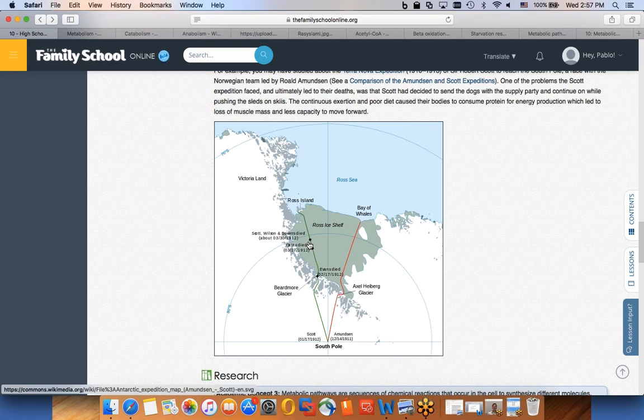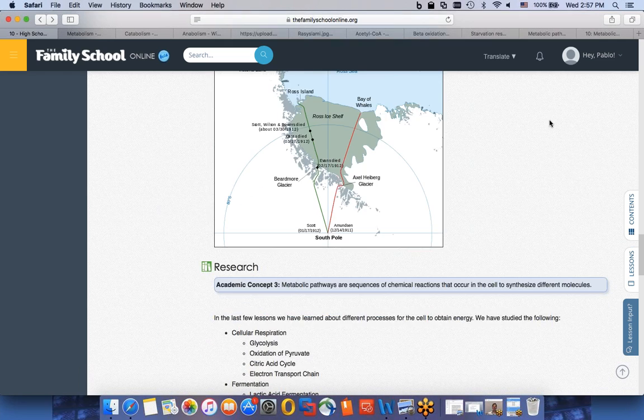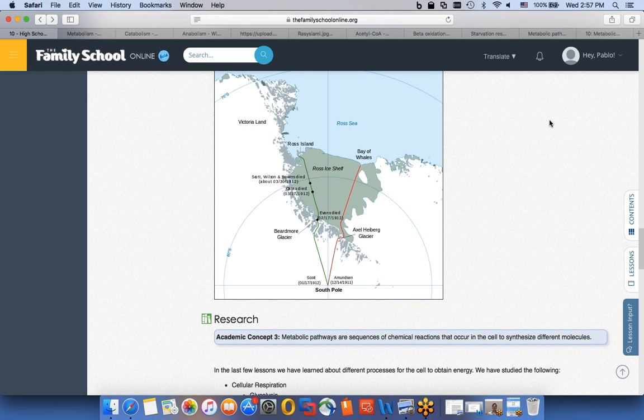Their bodies were found 6 or 7 months later during the next spring. So that was a case where the body was starting to use protein for energy production. Not a good thing.